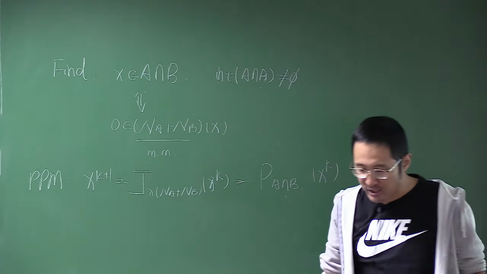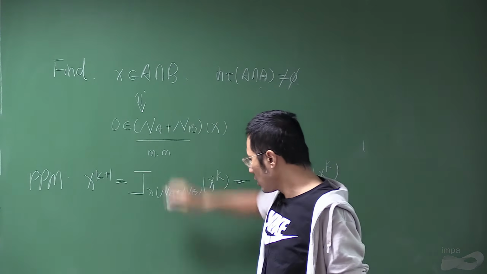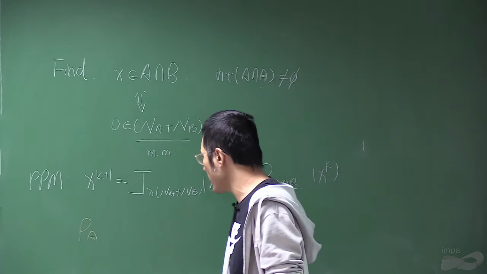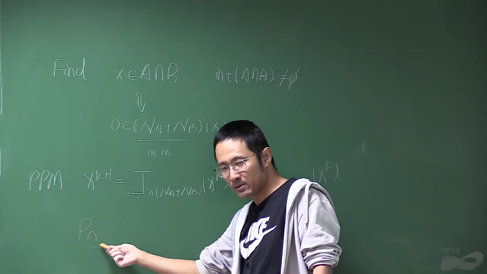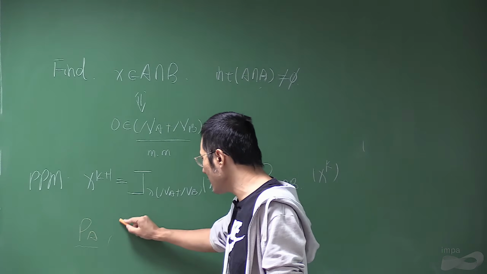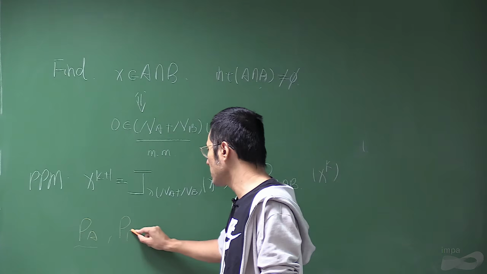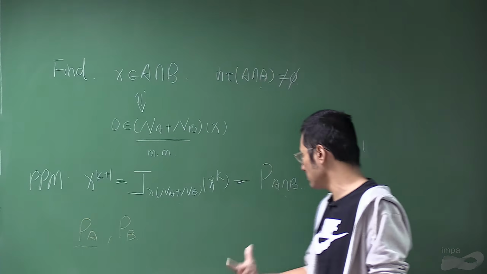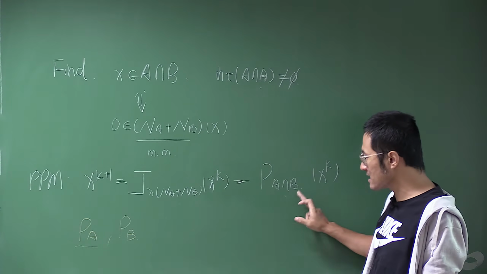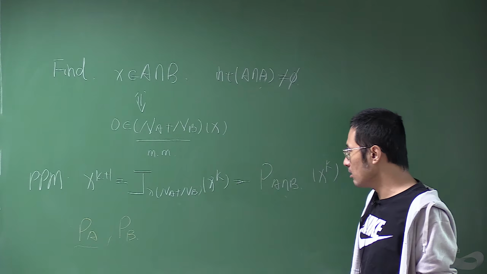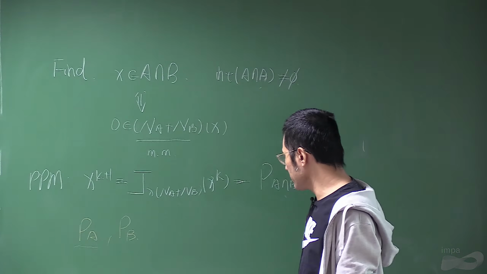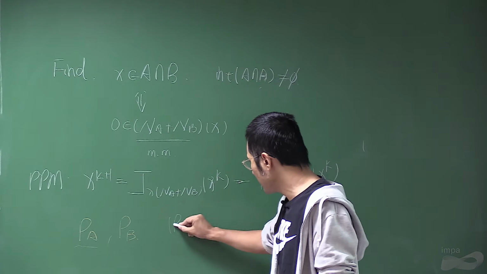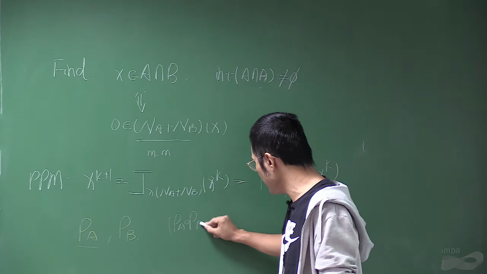The common situation is that, to solve the problems, we usually have the closed formula of the projection onto A, or somehow you can know how to calculate the projection onto A. And independently, you know how to calculate the projection onto B. But usually you do not know how to project onto the intersection of A and B. Okay, so the common method is to use the composition of them, like P_A composed with P_B, okay?